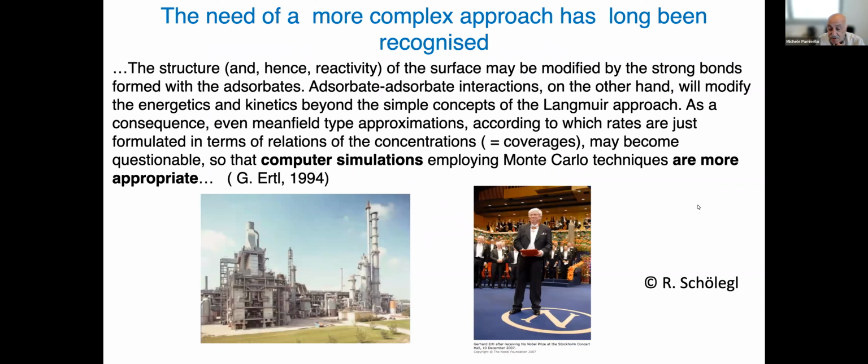I mean, other people were also not completely happy with this approach, which is certainly highly successful. And here I quote from the Nobel Prize speech of Gerhard Ertl. He was studying catalytic processes, for instance, which I will come back to later, catalytic processes which have to do with the production of ammonia.